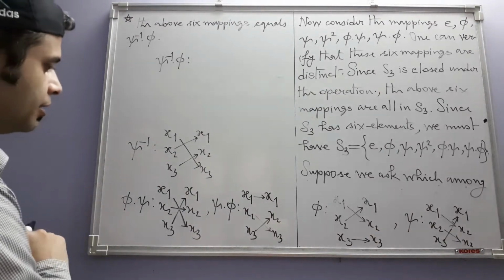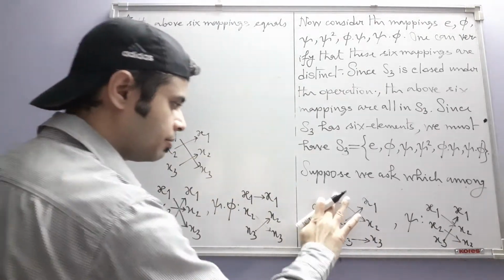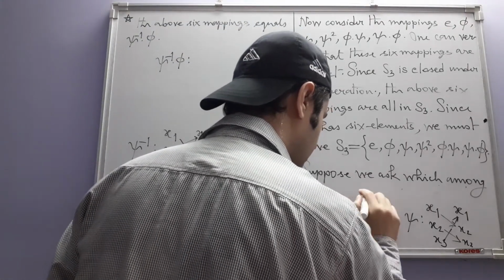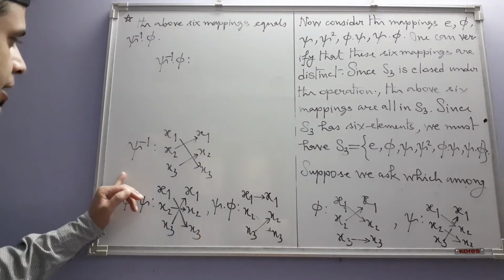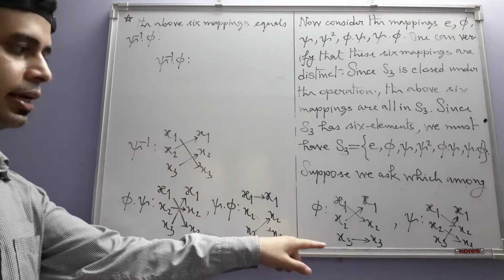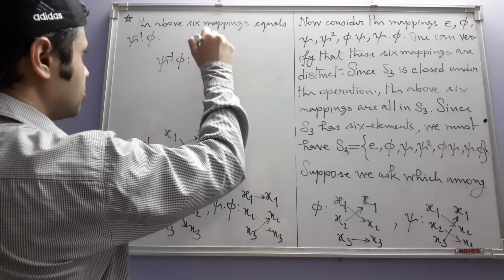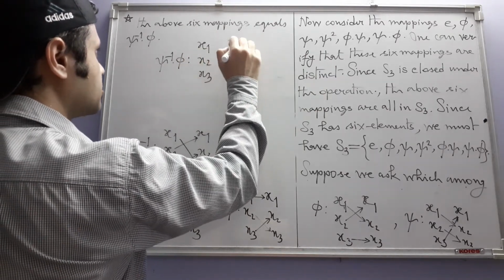So this is psi inverse. Now we are going to compose this mapping with this one. First we apply psi inverse on x1, we get x3, and then x3 is unchanged by phi.